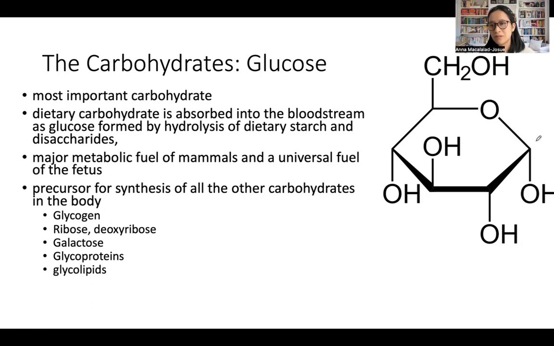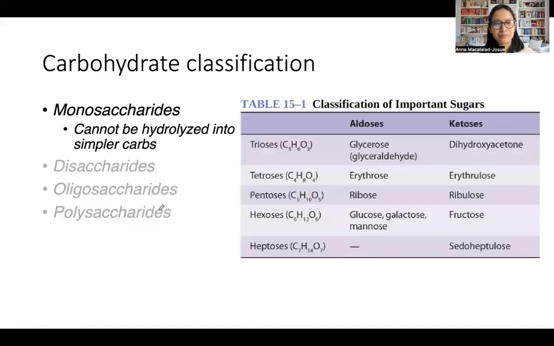So you have carbon 1, carbon 2, this is your carbon 3, carbon 4, carbon 5, and carbon 6. This is important for the purposes of our lecture later on.